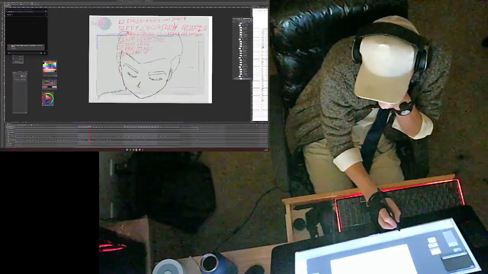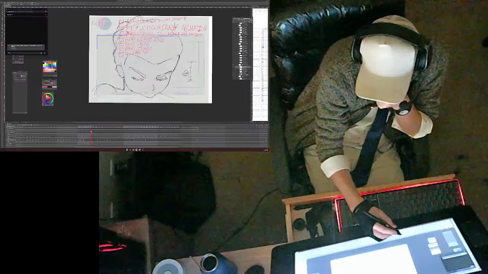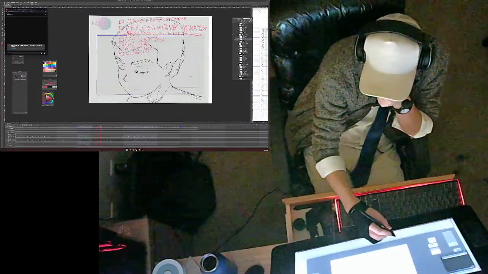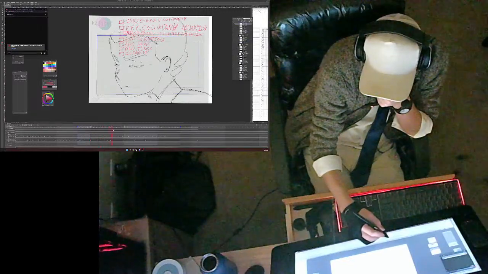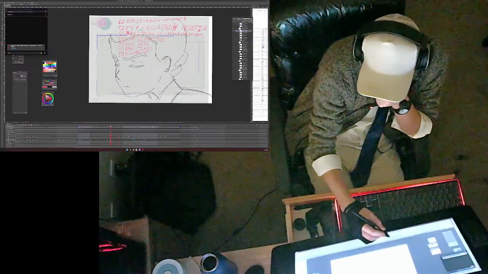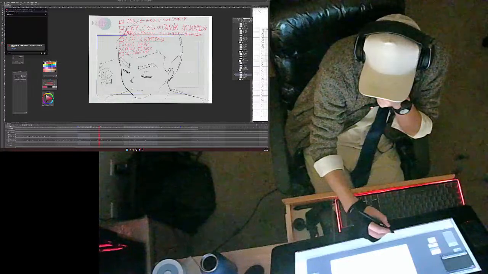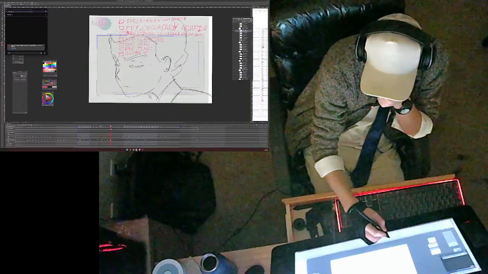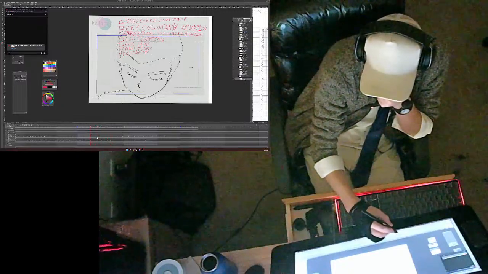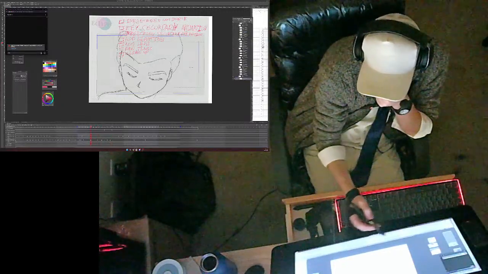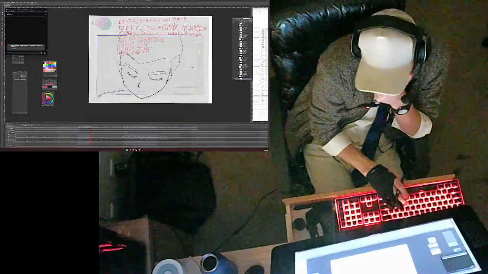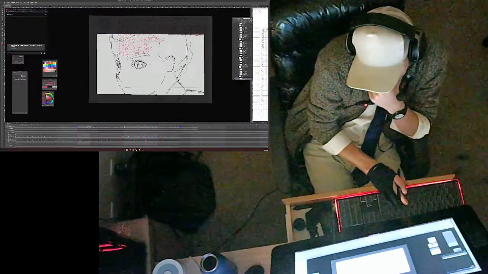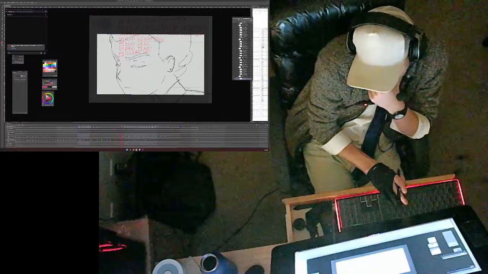So what if I just put this smack dab in the middle? Doesn't want the middle. Get this all on twos. See how that looks. That might look worse, honestly.